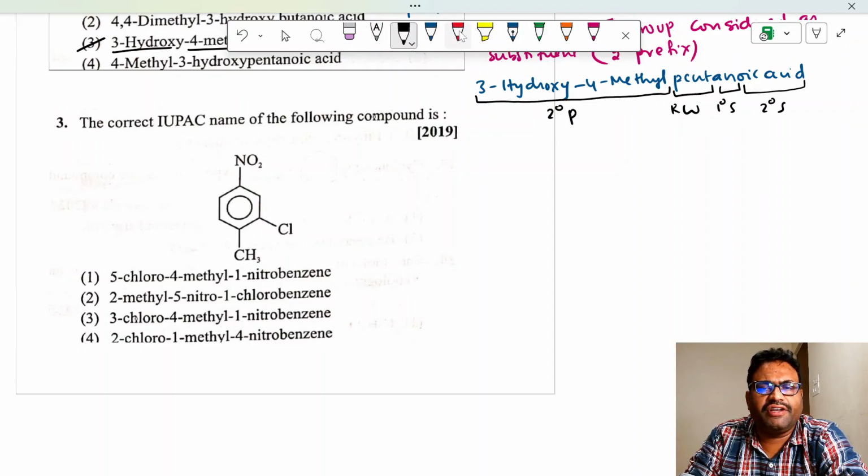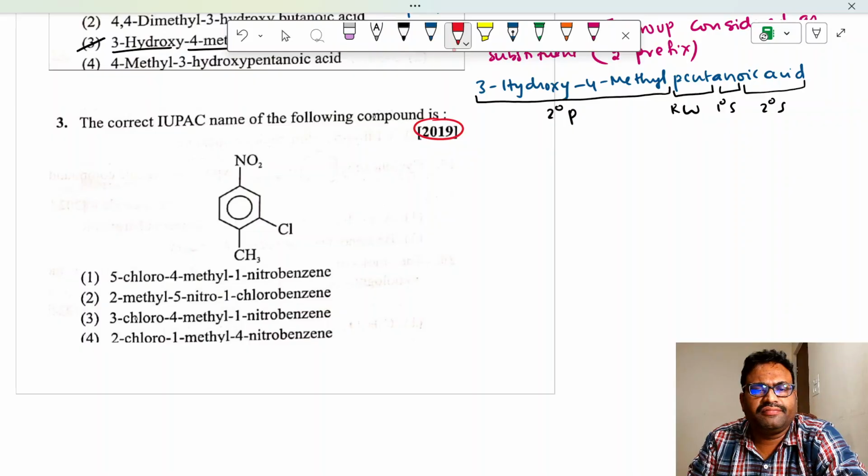Again, it is also given in 2019. You are finding benzene. Whenever it is benzene, see, this is benzene.